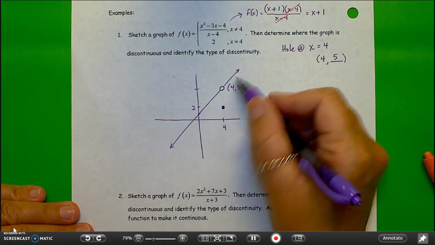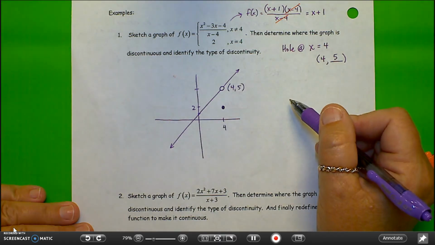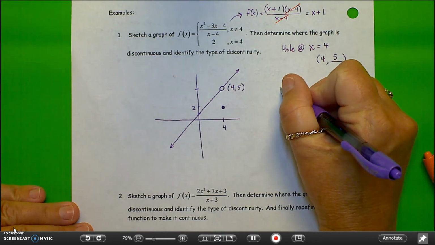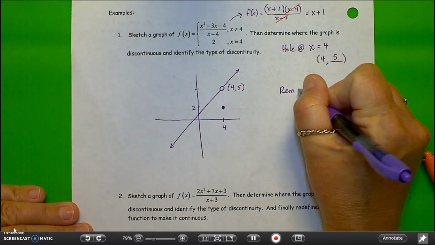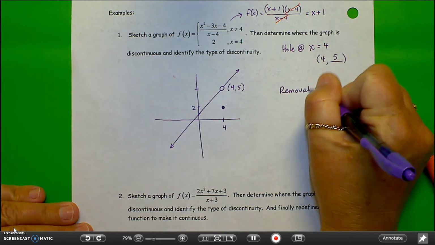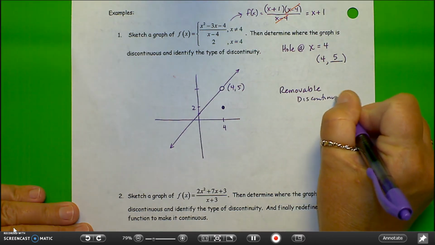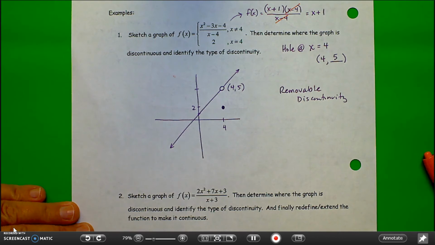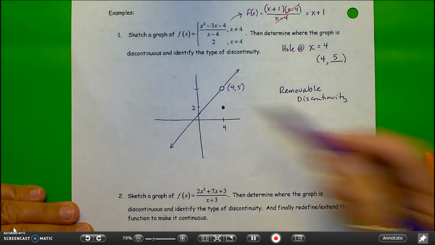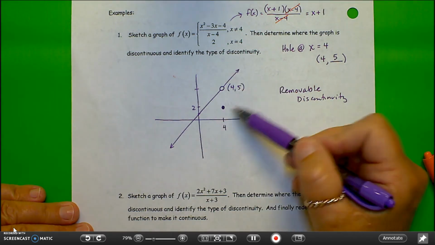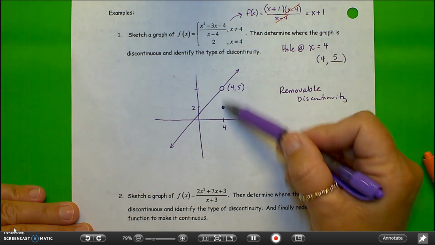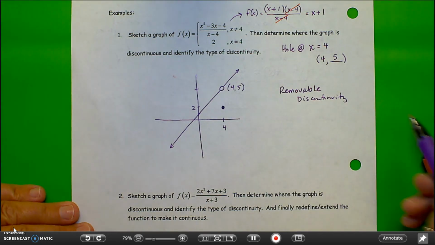What type of discontinuity is this? It is a removable discontinuity. Holes are removable discontinuities because I could rewrite the piecewise function, and basically move that point to there. We're not going to do it on this problem.